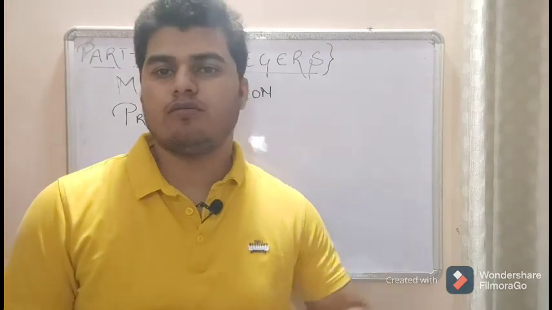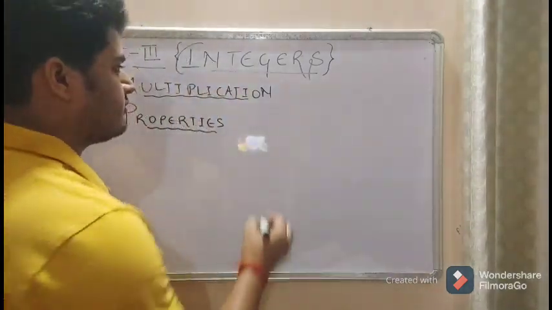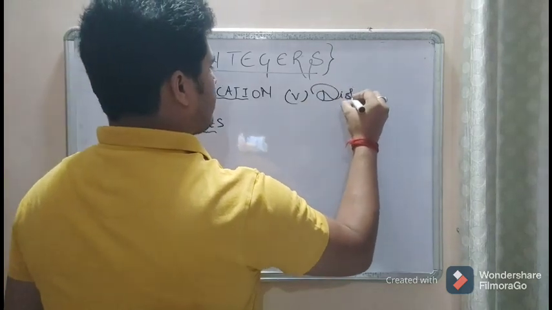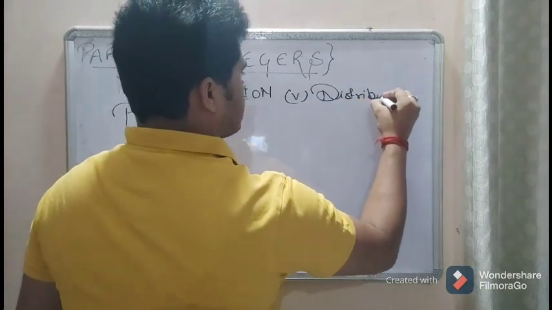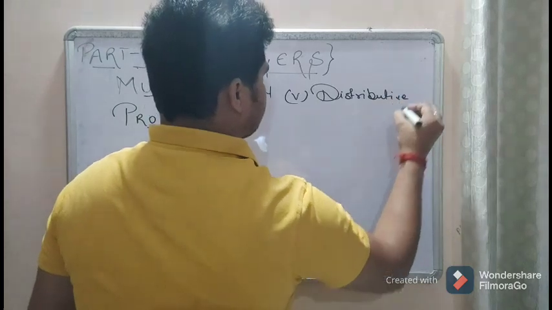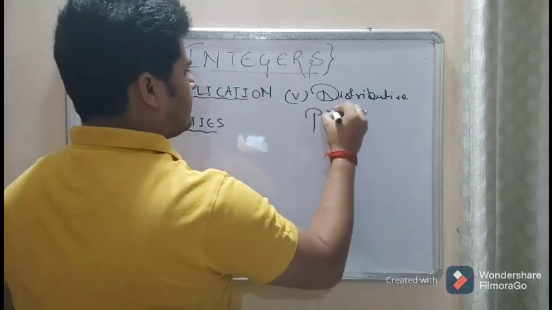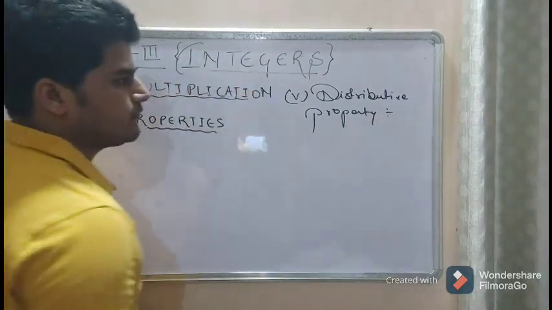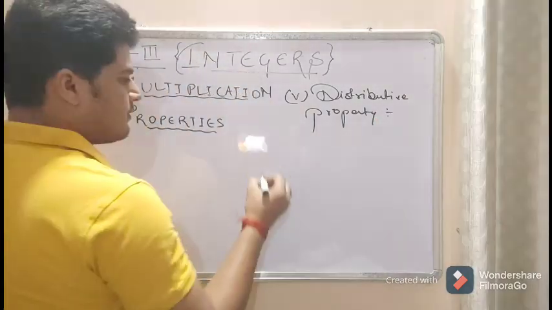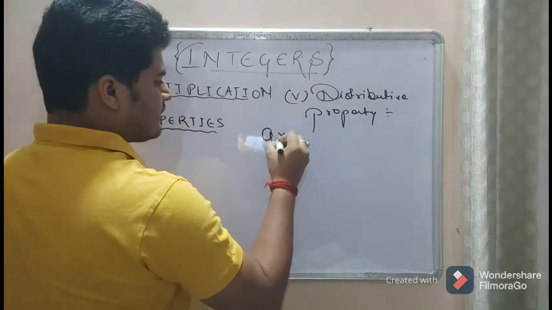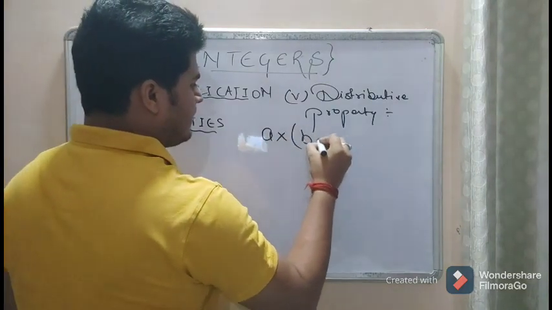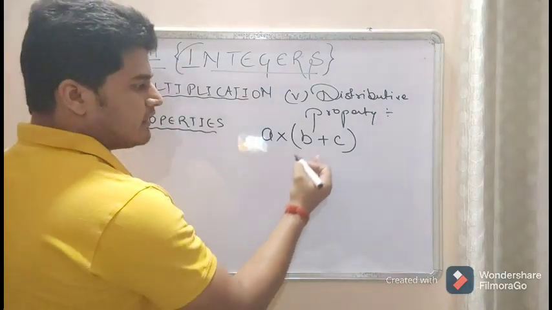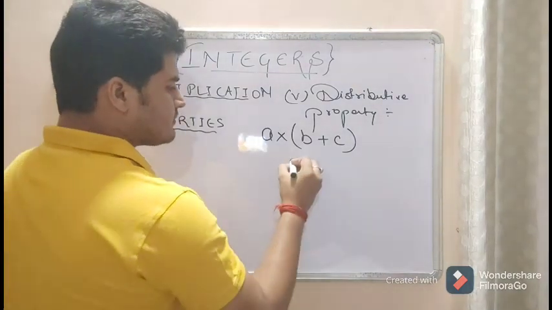So now, last but not the least, the fifth one, called the distributive property. This we are going to use for a long time, so you must know this property. This property says that if there is an integer a multiplied with b plus c, please pay attention, b plus c, what happens?